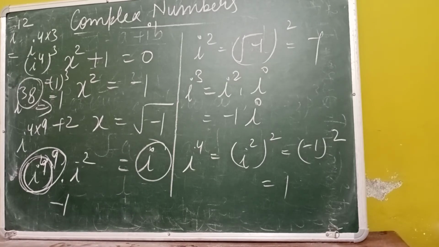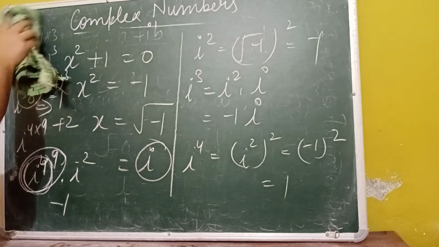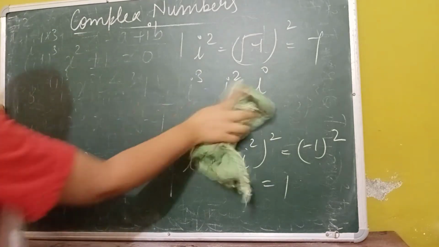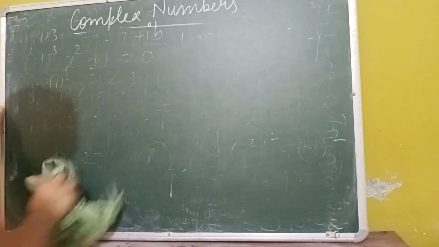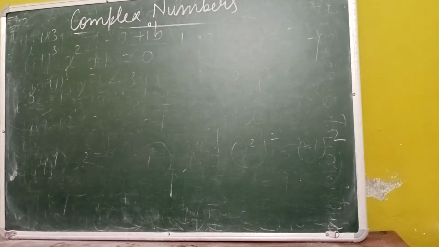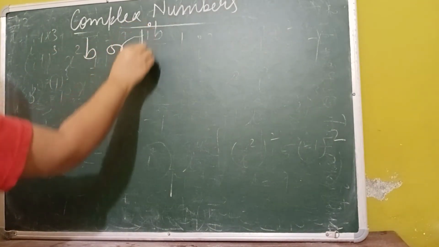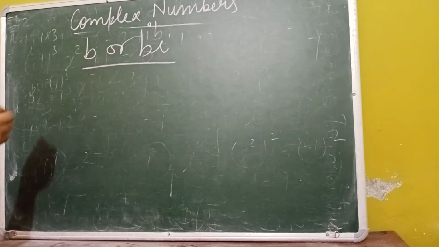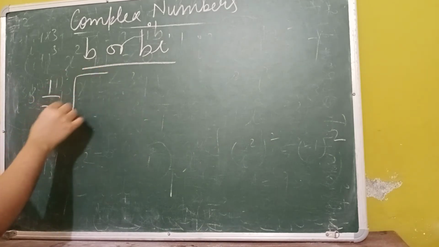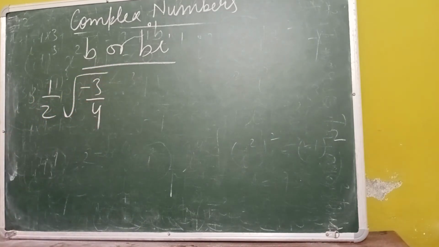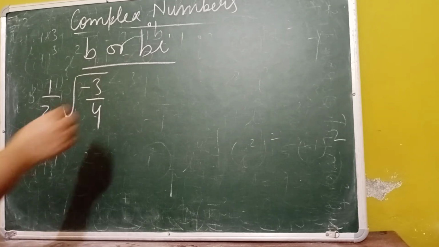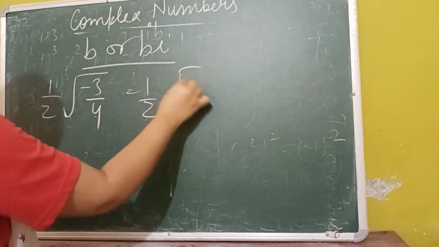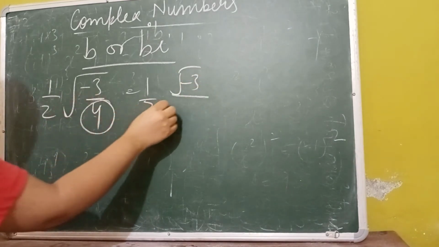Next I am telling how to express in the form of a or ai. They will ask to express it either in the form of a or ai. As an example, if it is given 1 upon 2 square root of minus 3 upon 4, and they are asking to express it in the form of a or ai, what I'll do is, it's 1 upon 2 square root of minus 3 upon 4, and the 4 comes out as 2.